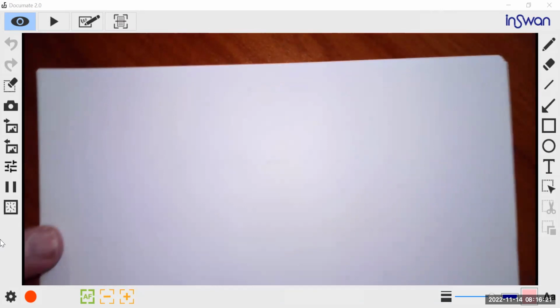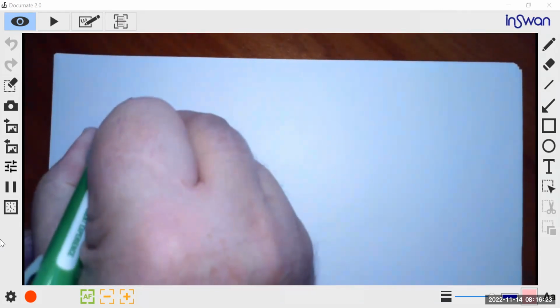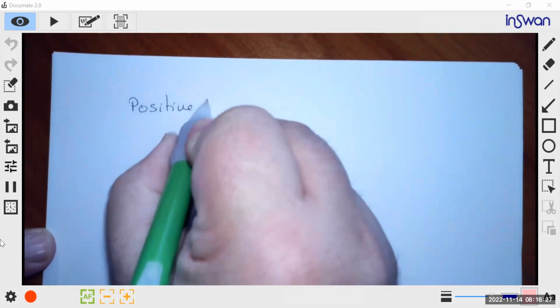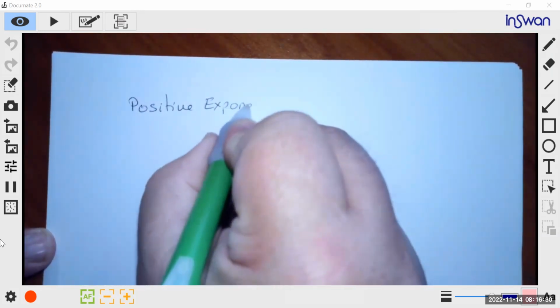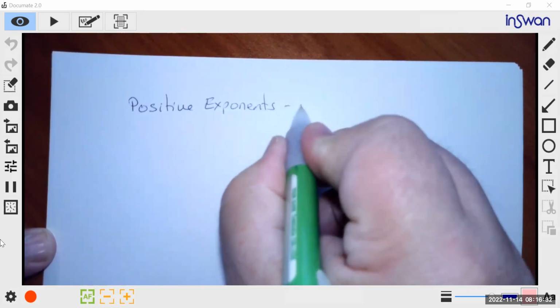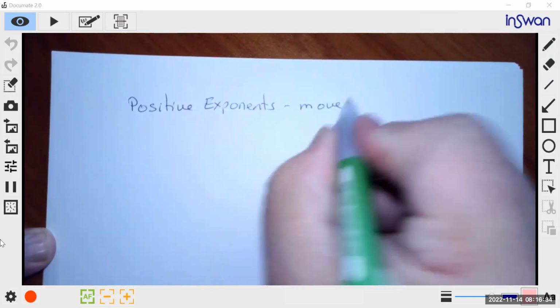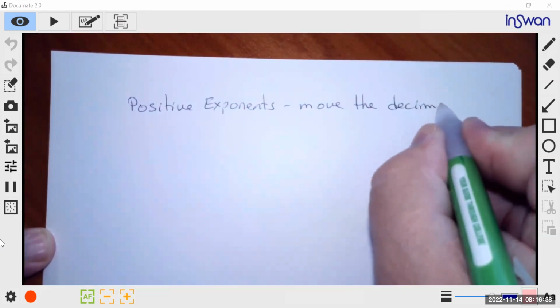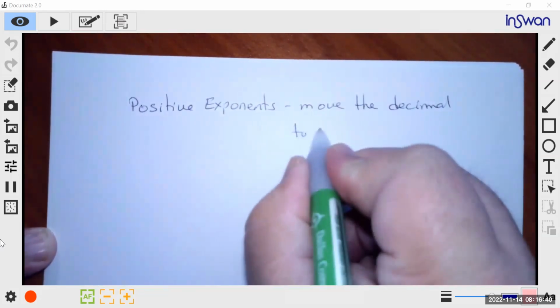All right, so positive exponents move the decimal to the right.